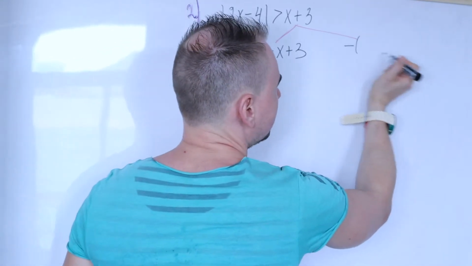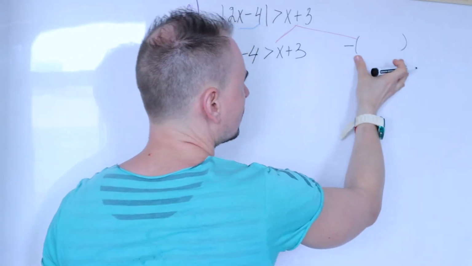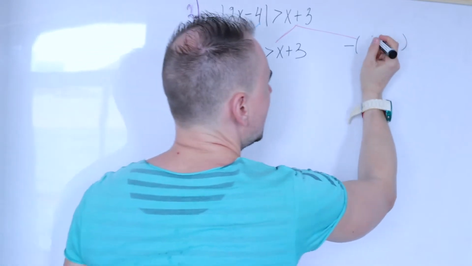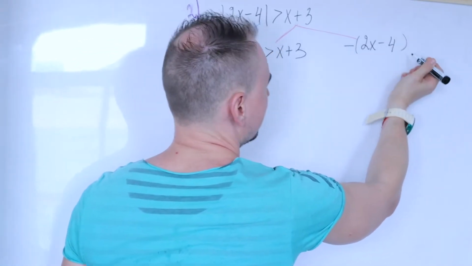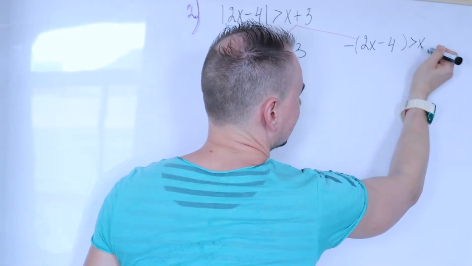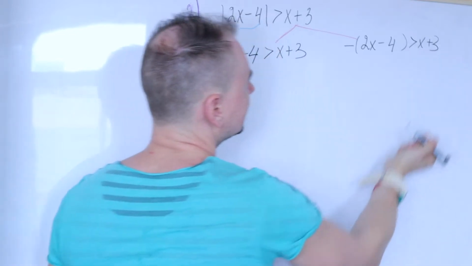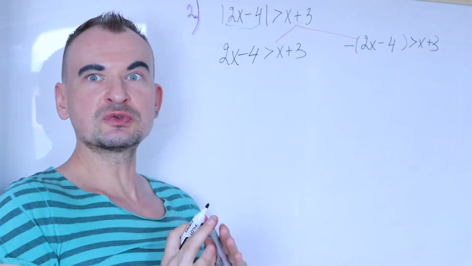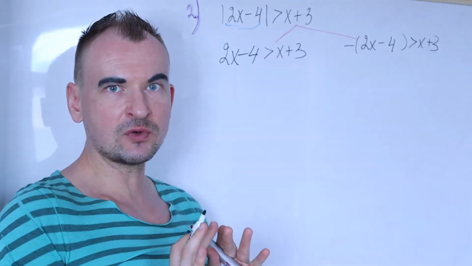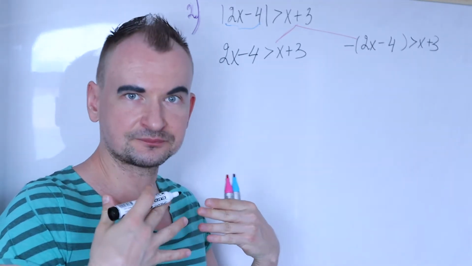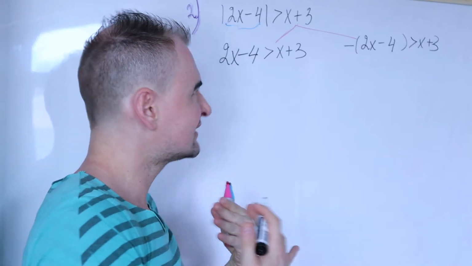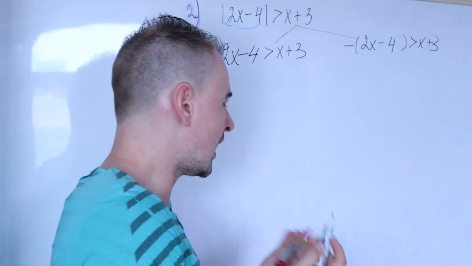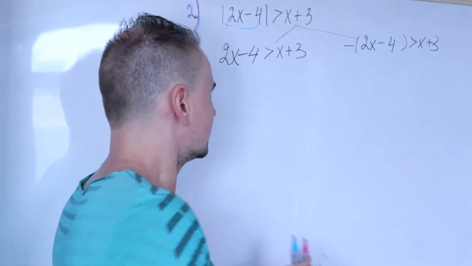It's a good policy to draw the parentheses. And 2x minus 4 goes inside of your parentheses, greater than x plus 3. So two separate linear inequalities, and now you have to solve them separately, normally, like you usually would do.